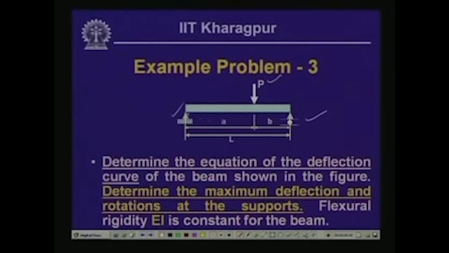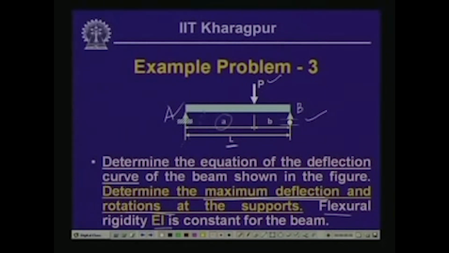The load is located at a distance of a from support A and at a distance of b from support B, and the span of the beam is L. You will have to evaluate the equation of the deflection curve, the maximum deflection, and also the rotation at the supports. The flexural rigidity EI of the beam is constant throughout the beam.